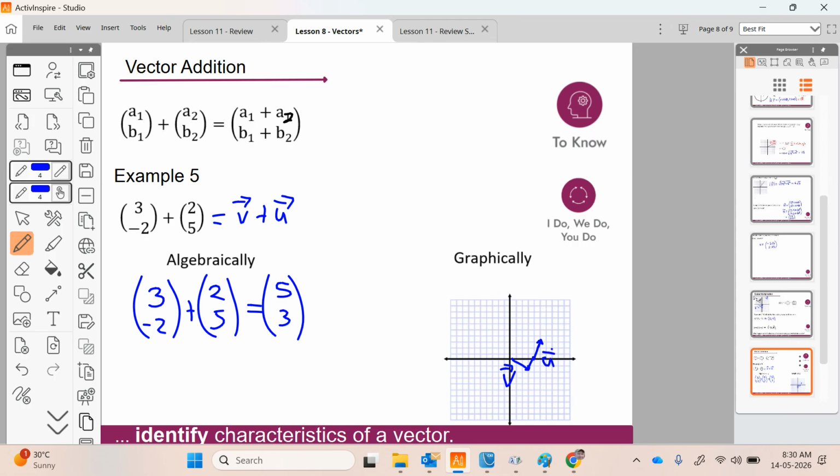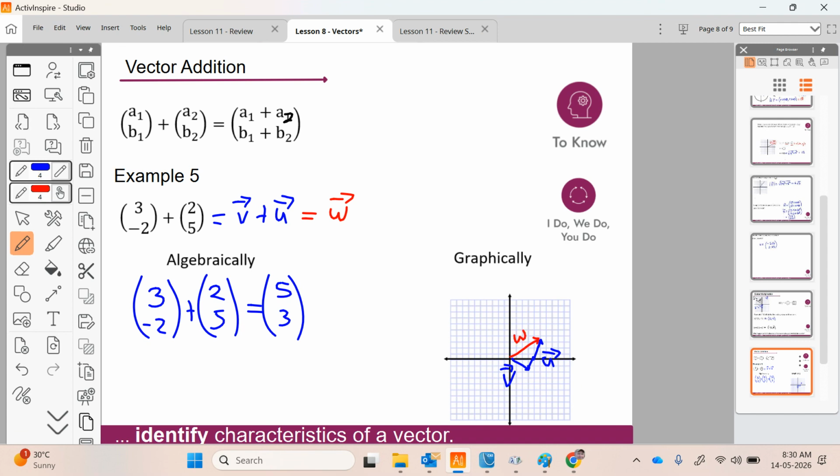So this vector here, w, the resultant, that would be geometrically, not even going to calculate, it would be this. This would be the vector w.